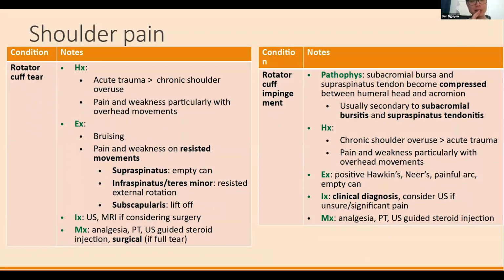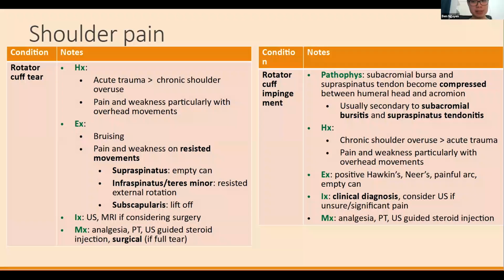So in terms of shoulder pathology, there's two main things that we have to be aware of for MSK pathologies with the shoulder. That's rotator cuff tear and rotator cuff impingement. So a tear is a tear in the muscle, right?